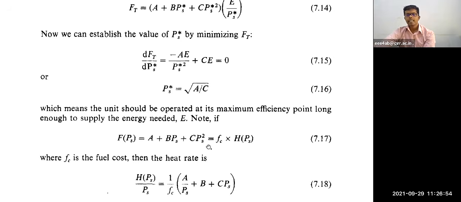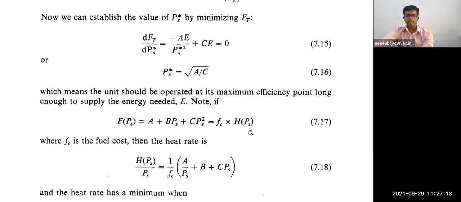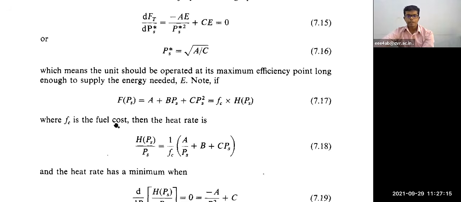So f of Ps star is nothing but A plus B Ps plus C into Ps square. That is nothing but Fc, the fuel cost function, into H, the heat rate characteristics. H of Ps is nothing but the heat rate of this steam power generating unit or hydropower generating unit, where Fc is nothing but fuel cost.